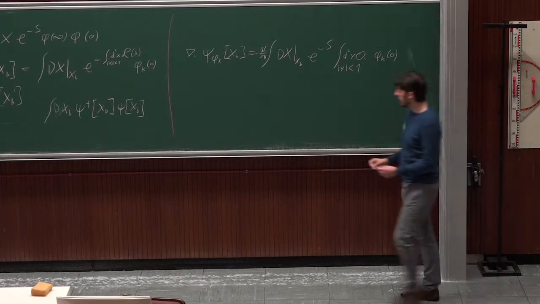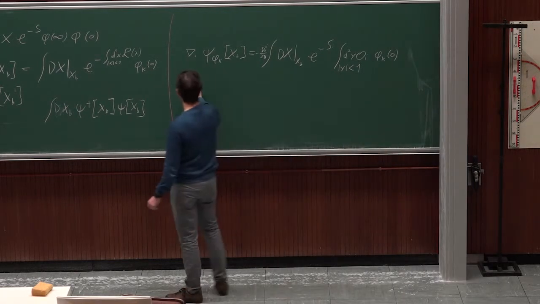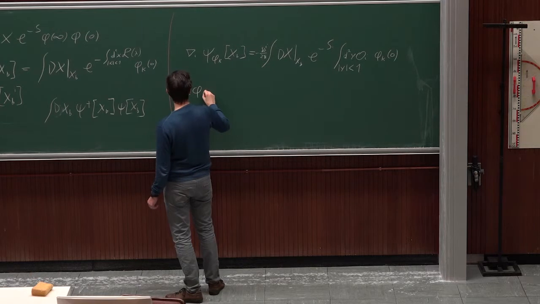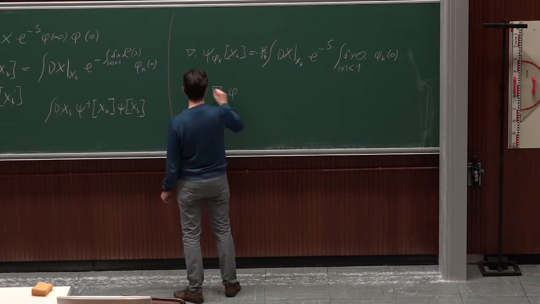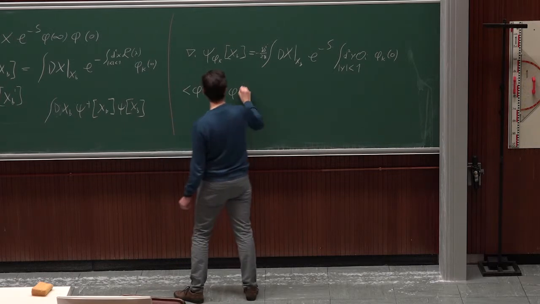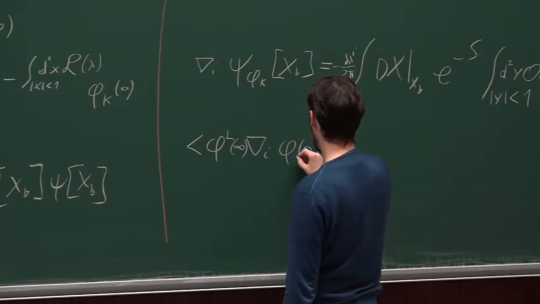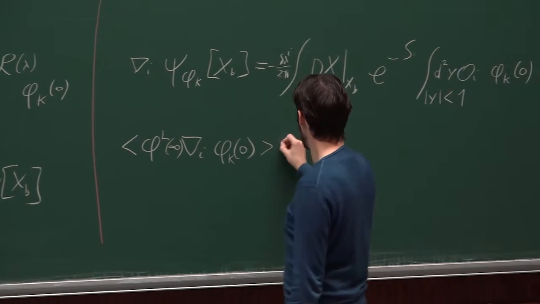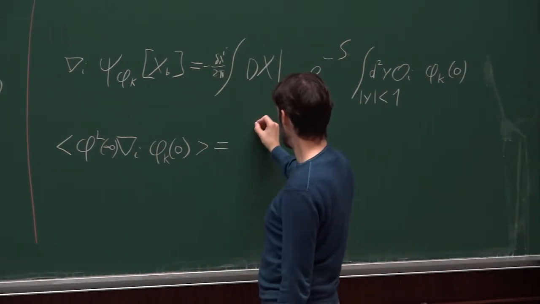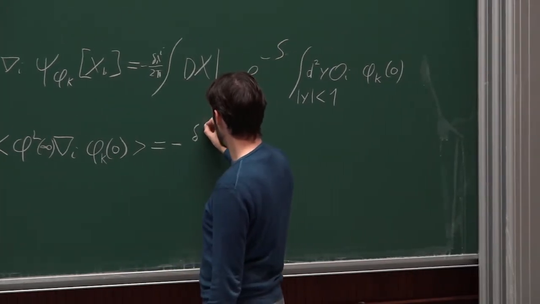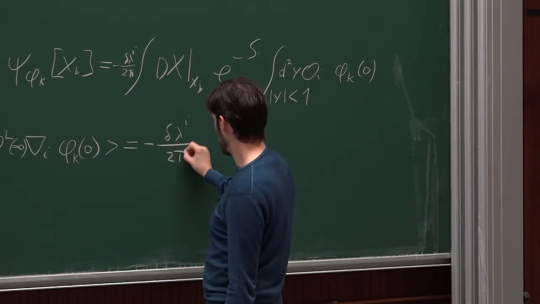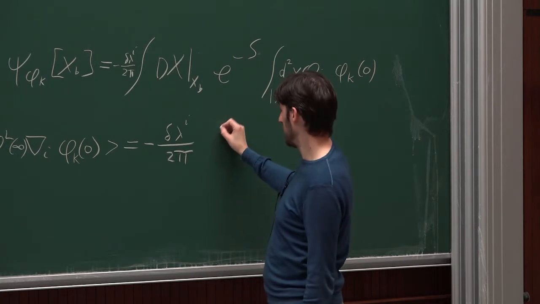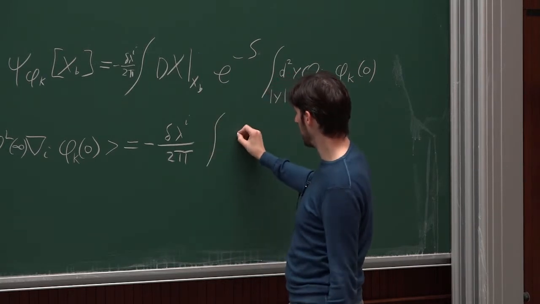And now it's clear that this operation on phi k will be very similar to my previous prescription for the deformation of the correlators.